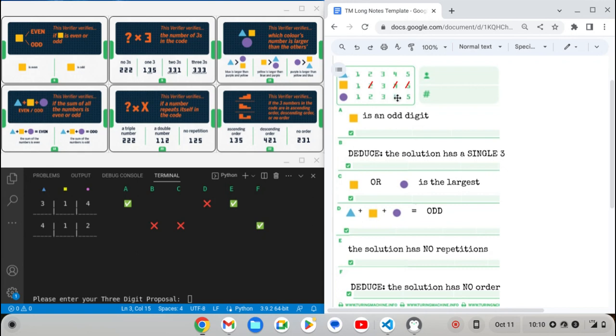So could it be 4? Or perhaps maybe square is the largest. 351, 153. That's ambiguous.